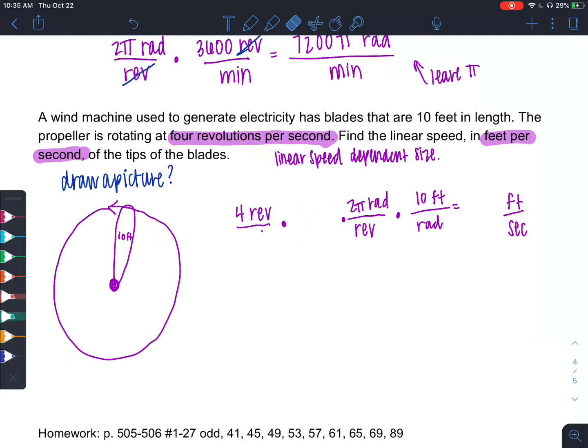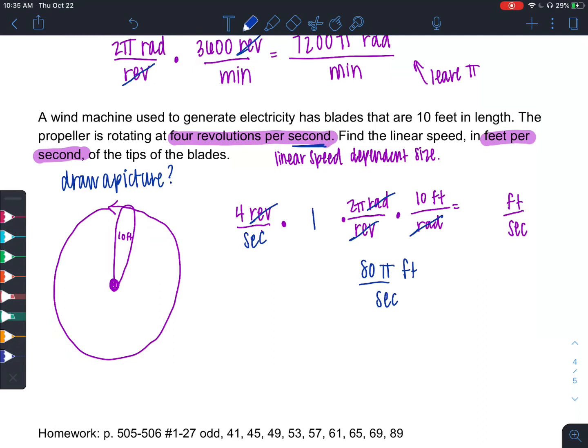So we can erase this here. And so this is 4 revolutions per second. Okay, so there's nothing that goes here. We'll just put a 1 for a placeholder. And so then this cancels and this cancels. And so then we just get 80 pi feet per second. So we accidentally put in one too many conversions in there because I misread the problem. It was supposed to be in seconds, not minutes.